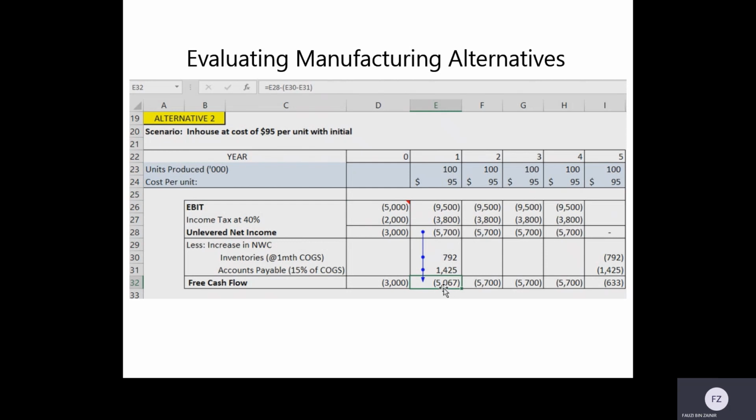So the free cash flow here is minus 5,067. Since you're looking at the net changes here, there are zeros here, and then on the 5th year you're going to reverse the numbers, you're going to recover it again. So this is the reflection of the free cash flow for alternative 2.